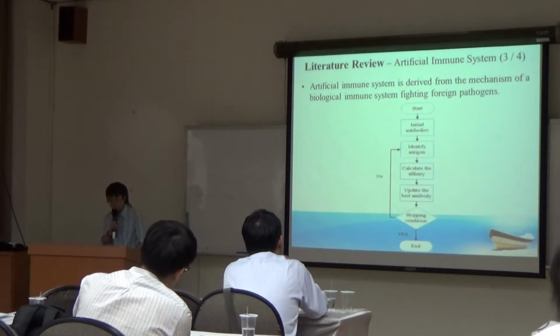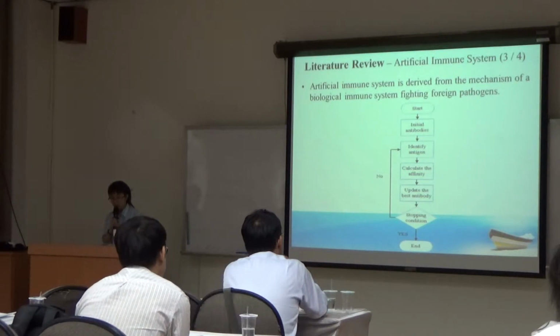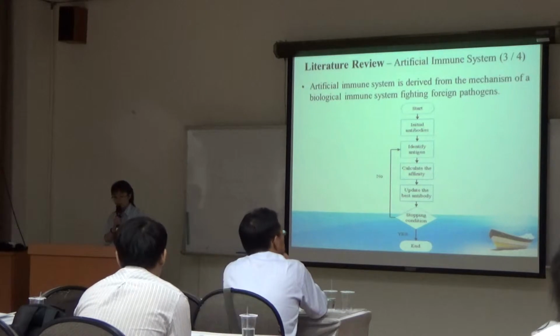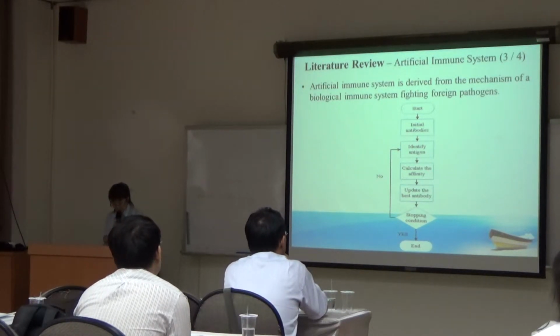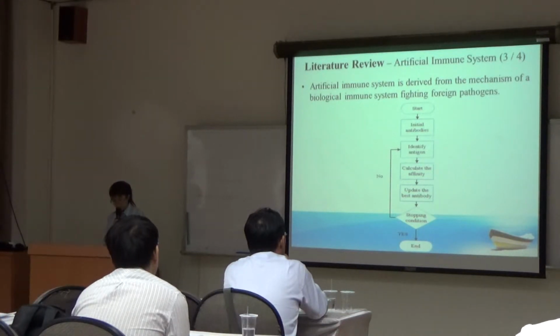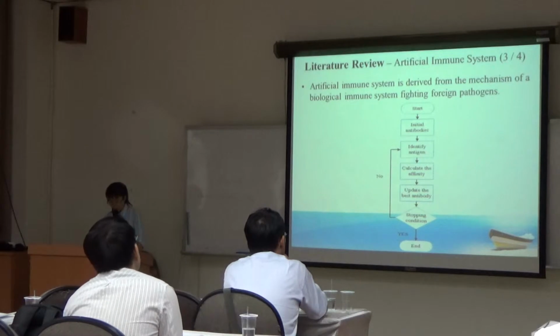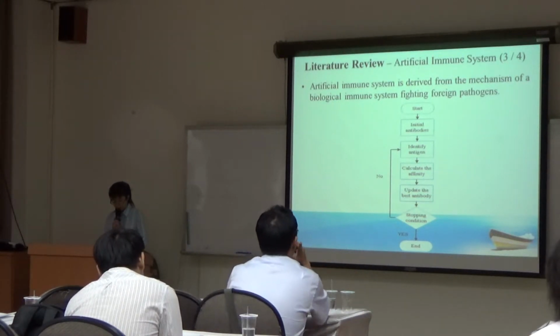The artificial immune system is derived from the mechanism of the biological immune system fighting foreign pathogens. The AIS algorithm is used to find the best classification rule in the category set in the database to improve classification accuracy.